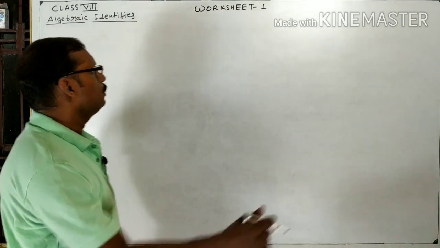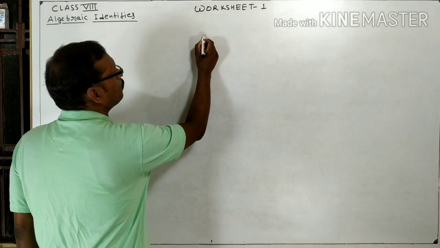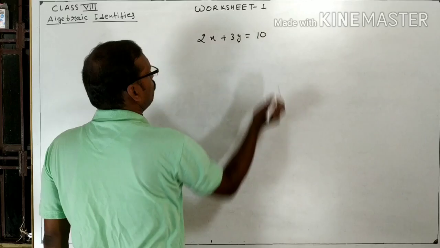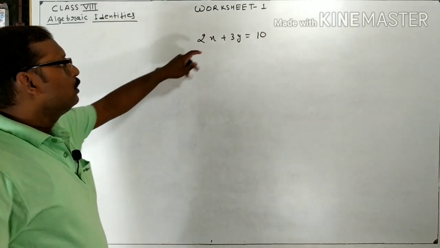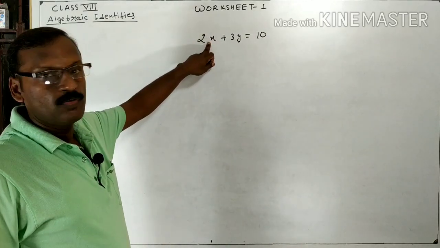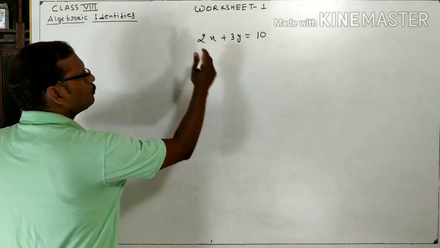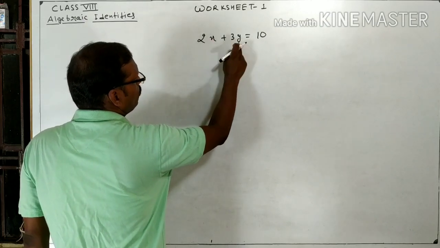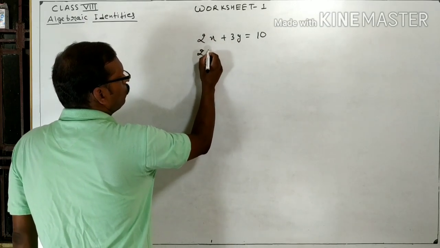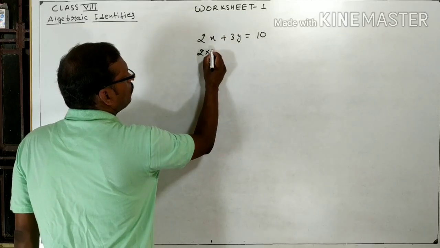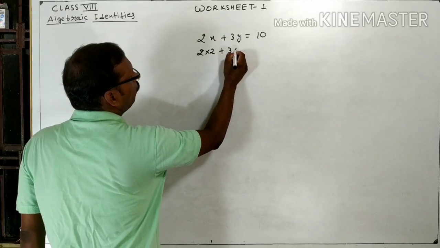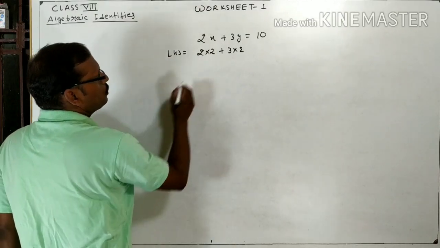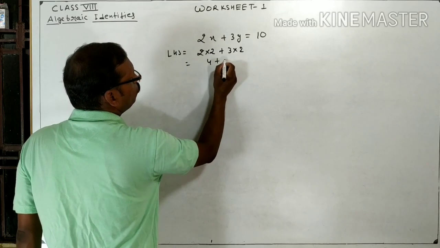So let us see an example. Suppose 2x plus 3y equal to 10. This is a statement of equality, but when we provide values of x and y, suppose x is 2 and y is also 2, LHS becomes 2 into 2 is 4 and 3 into 2 is 6.